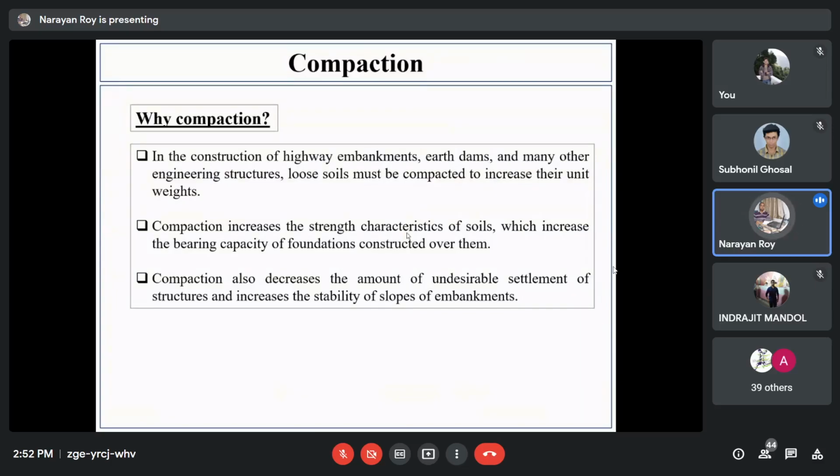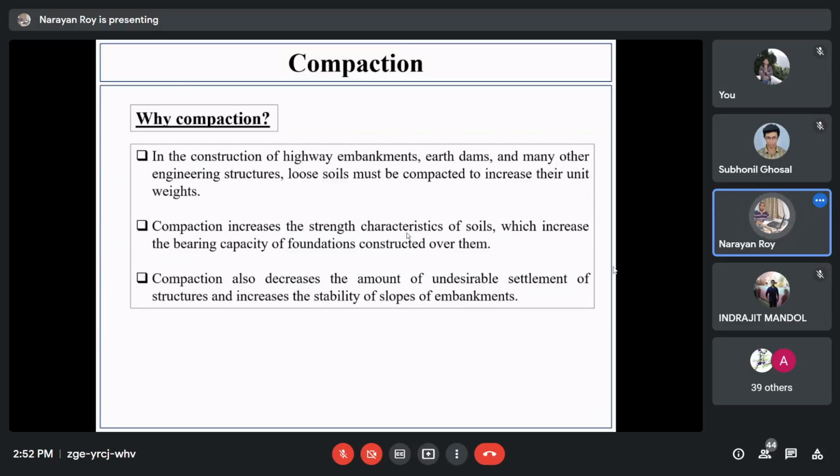You cannot simply construct on loose soil. You have to compact it before going ahead with the construction of your particular structure. Compaction increases the shear strength properties of the soil. Right now it will be difficult to understand shear strength; that will be covered in due time in this geotechnical engineering course itself.